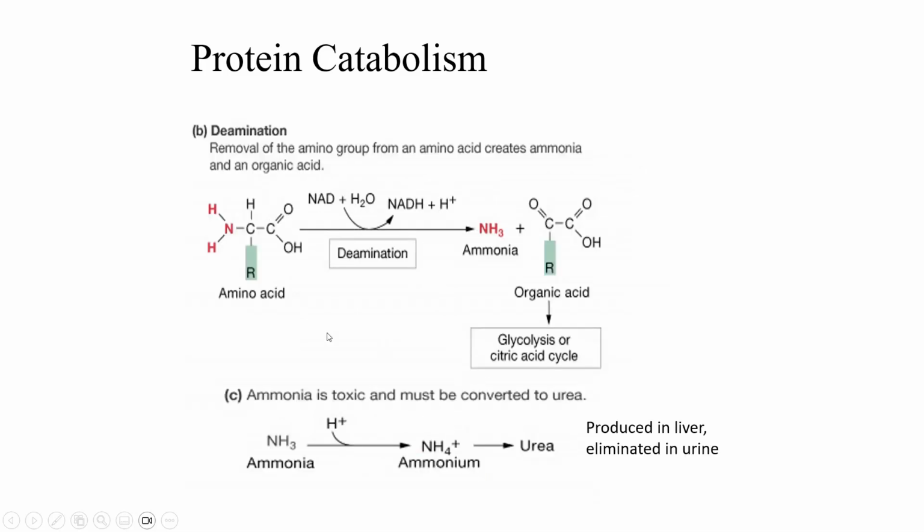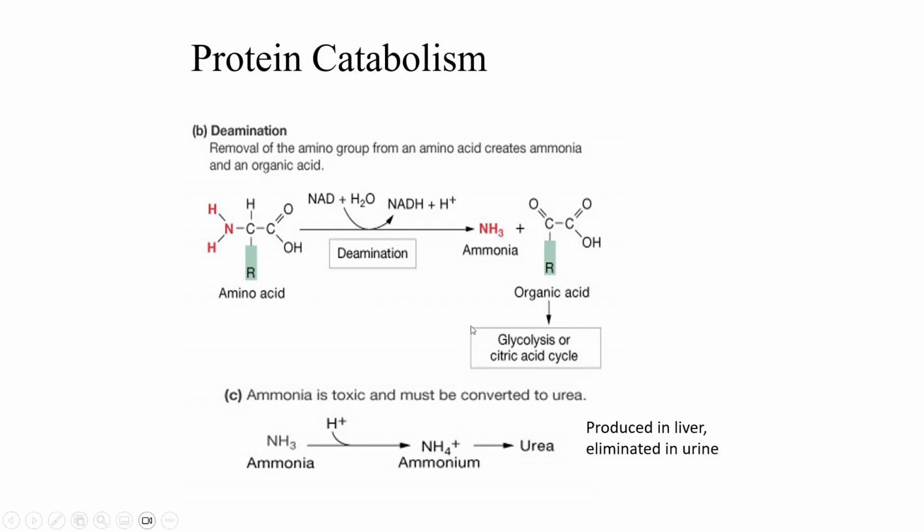That amino acid is then going to undergo deamination. Deamination removes the nitrogen component, creating ammonia. And then there's an organic acid that can either be recycled to produce more amino acids, or it goes into the process of glycolysis or the Krebs cycle. So lots of fates for this guy.